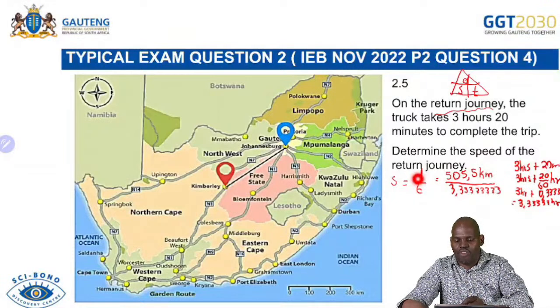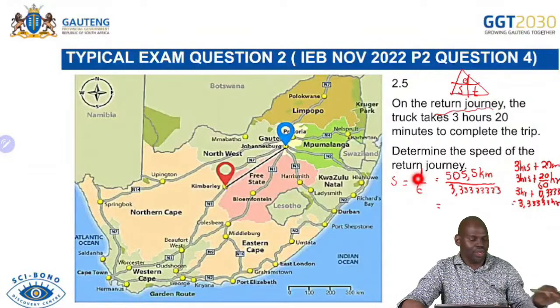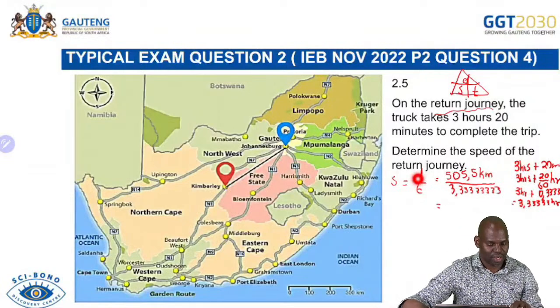Okay, so we've got 505.5. We divide by 3.33333. Then if you use your calculator, it's 505.5 divided by 3.333333.